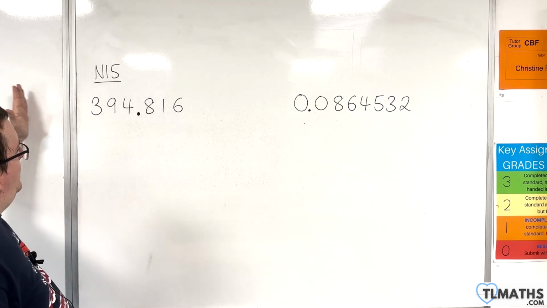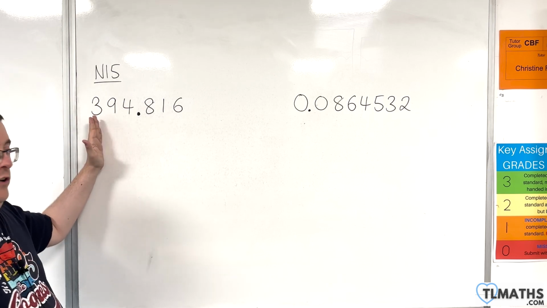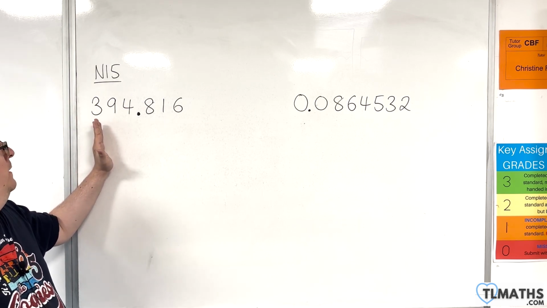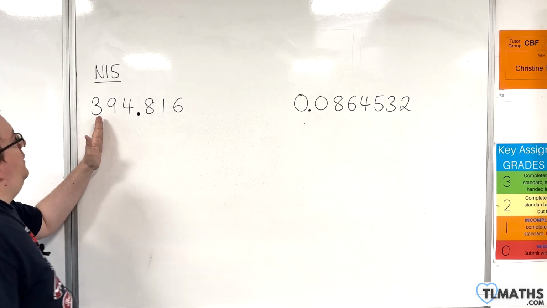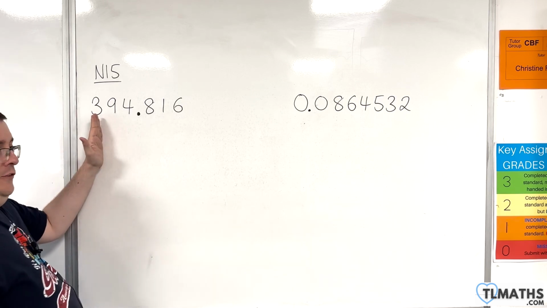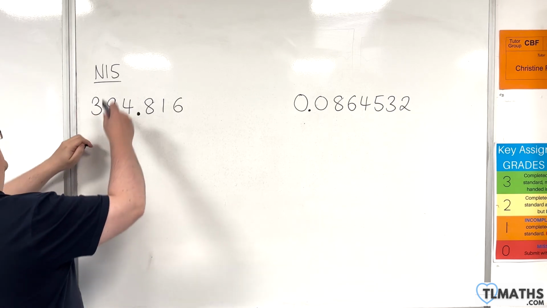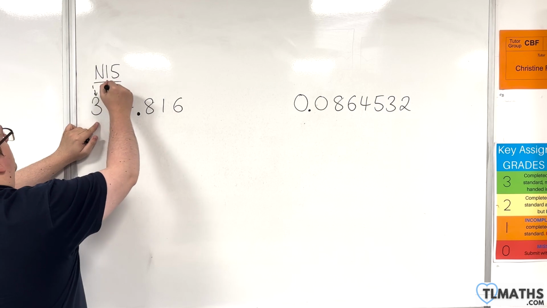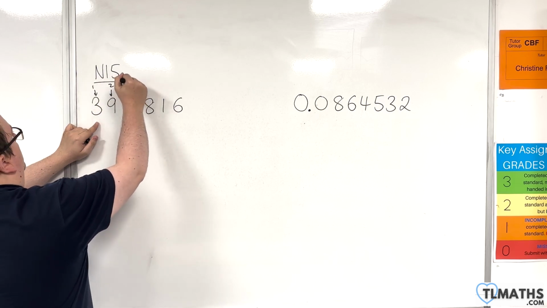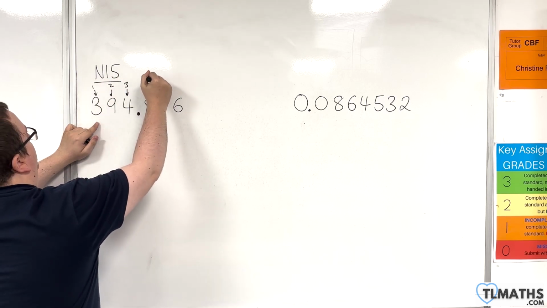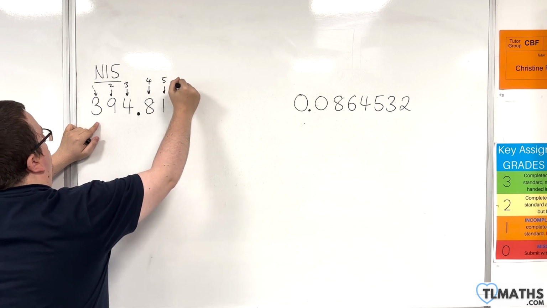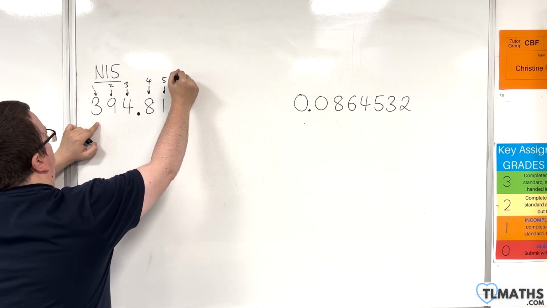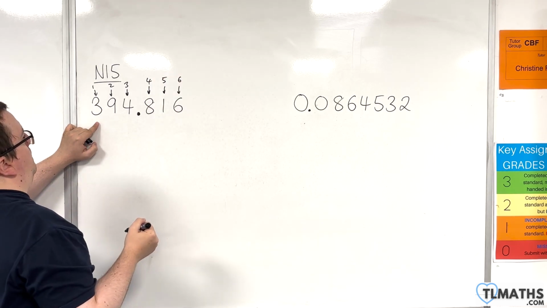Okay, so the hundredths column is definitely going to be the most significant. But it's coming from the left-hand side and hitting the first non-zero value. So the 3 is the first significant figure that you reach. Then it's the 9, then it's the 4, then it's the 8, then it's the 1, then it's the 6. Okay?